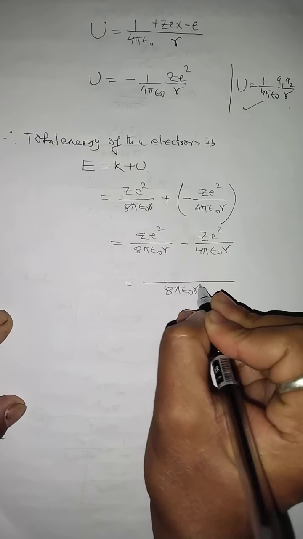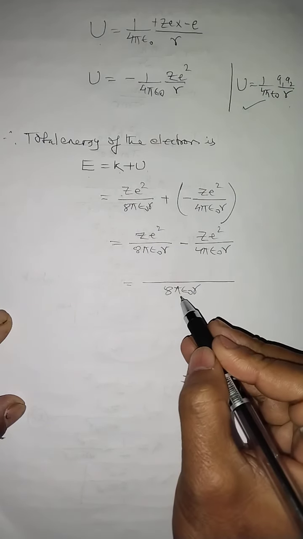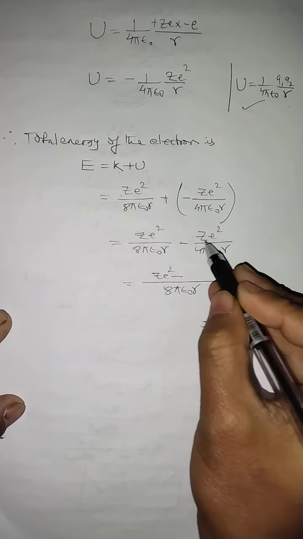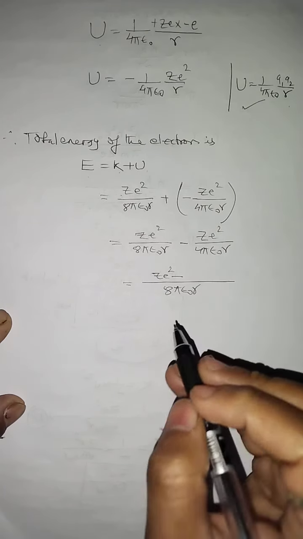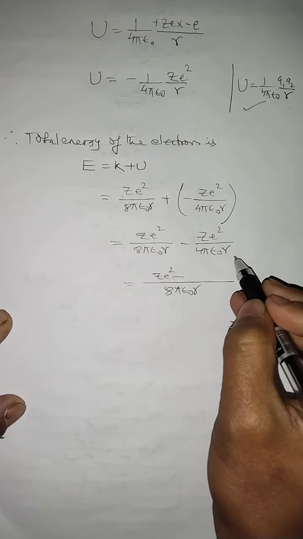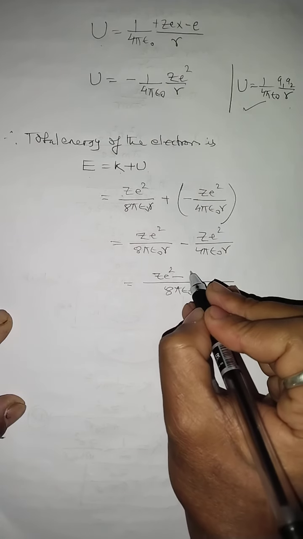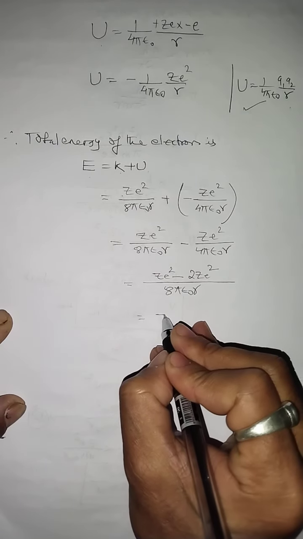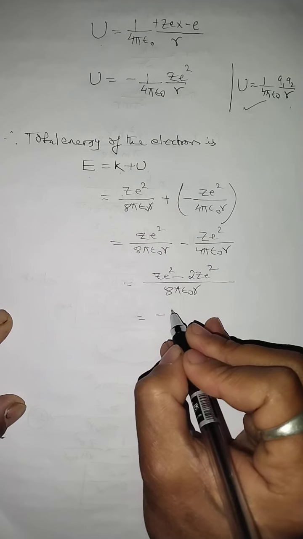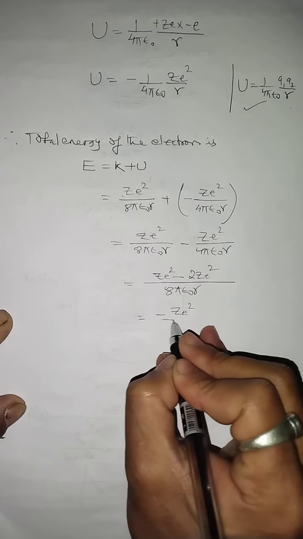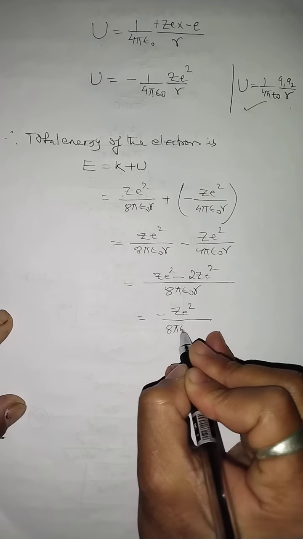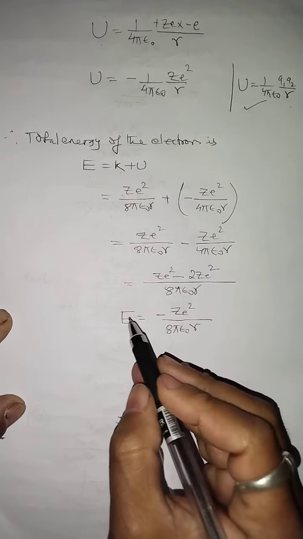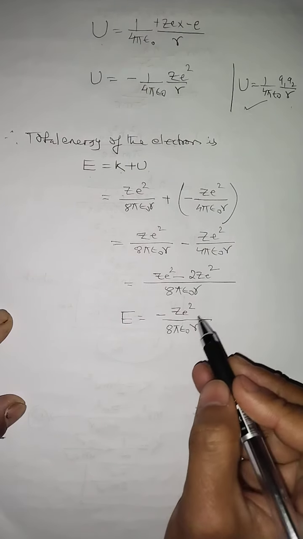This denominator divided into the LCM gives remainder 1, so 1 into Z E square. If I divide the other into the LCM, the remainder will be 2 because 4 twos are 8, so the quantity cancels out, and 2 into Z E square means 2 Z E square. Now when you subtract, it is Z E square minus 2 Z E square, which means minus Z E square by 8 pi epsilon naught R. So this is E. So the total energy is now equal to minus Z E square by 4 pi epsilon naught R.